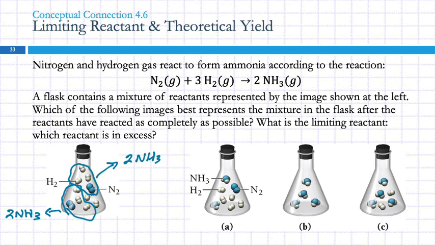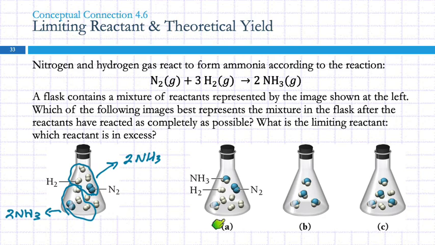What's going to happen to those hydrogens that are sitting there? They're in excess. They're just going to sit there. Just like the extra cheese on your kitchen counter when you finish making the 3 pizzas, it's just still there.